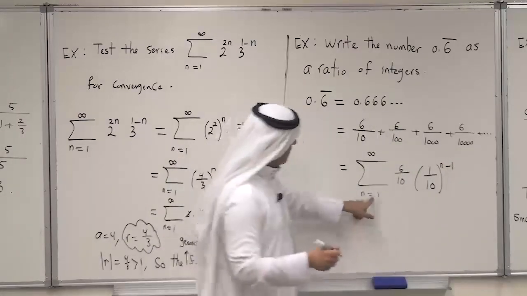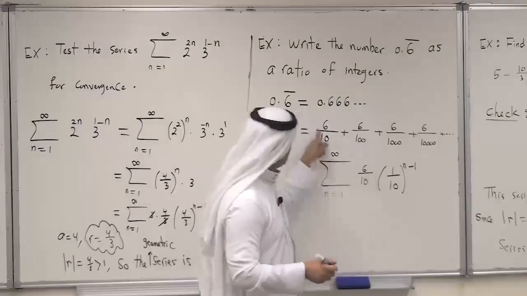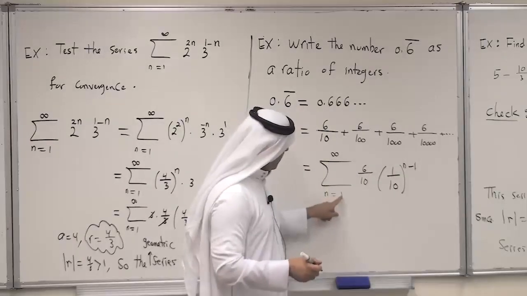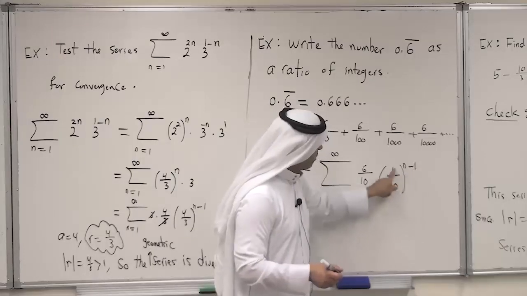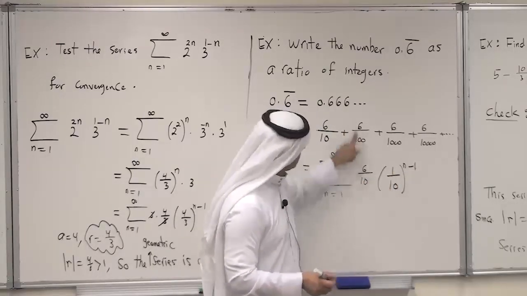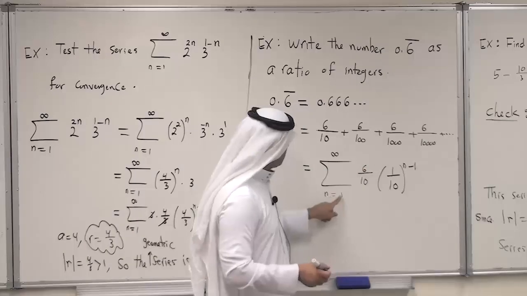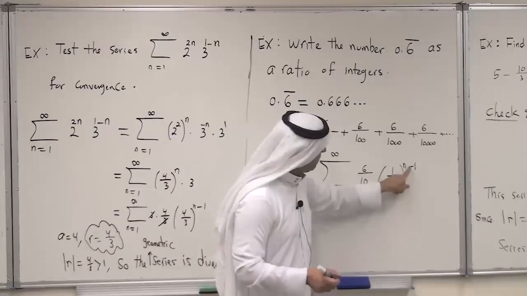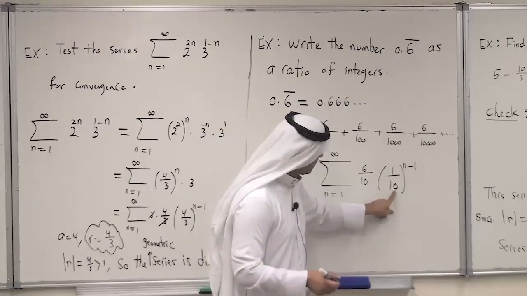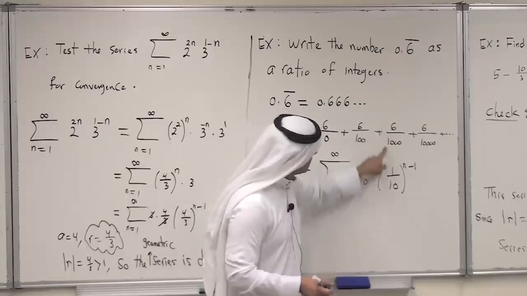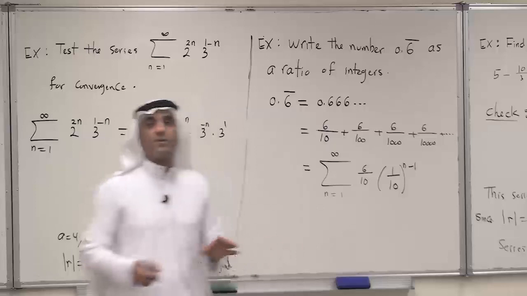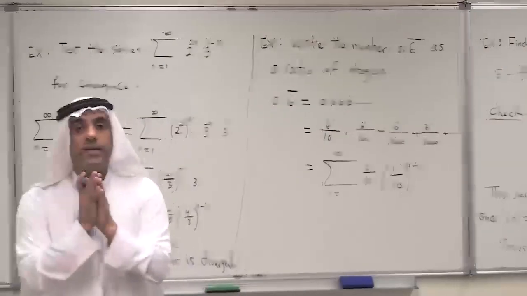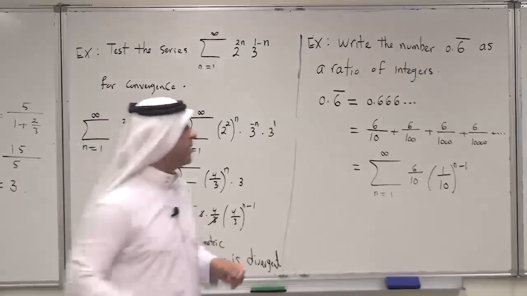If n equal to 1, the exponent is 0, so this is 1, so we have 6 over 10. If n equal to 2, the exponent is 1, so 1 over 10 times 6 over 10, that is 6 over 100. If n equal to 3, this is 1 over 10 to the power 2, so it is 1 over 100 times 6 over 10, that is 6 over 1000. This is exactly now written in the standard form of a geometric series.